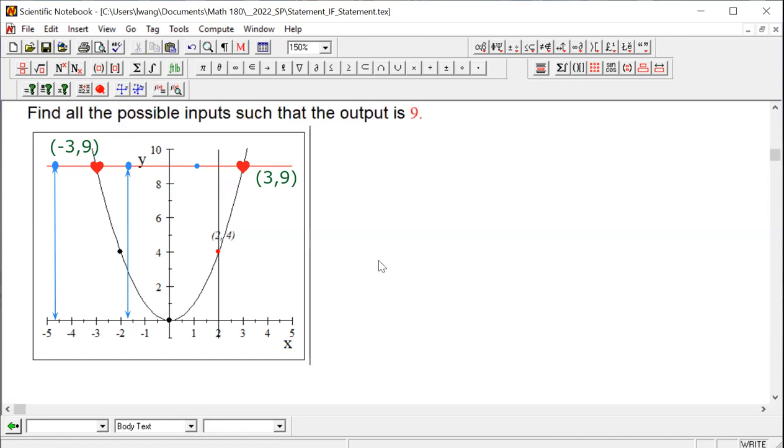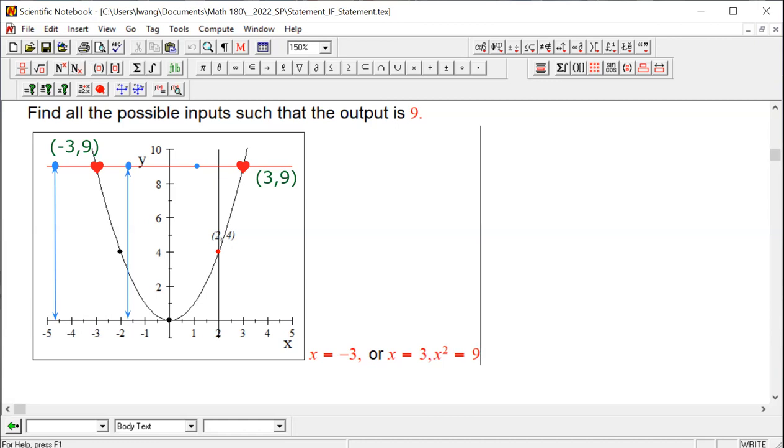Because we just discovered when x equals -3 or x equals 3, in either one of the cases, x squared is going to be 9. So the question is solved. Problem is solved. Do you guys see that?